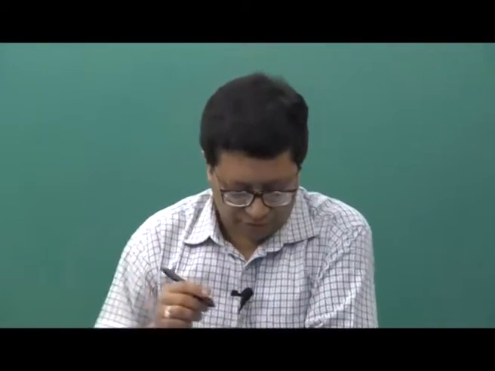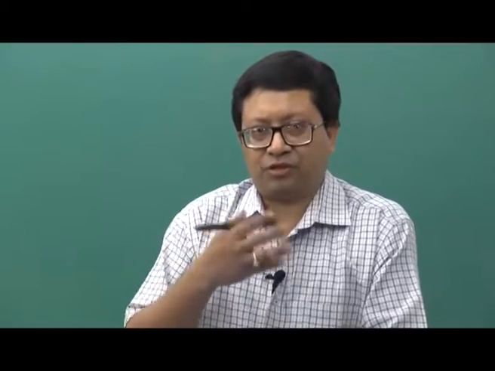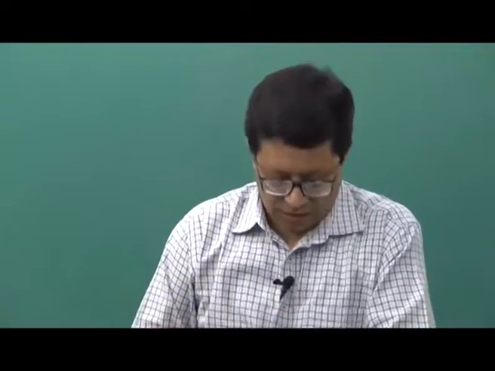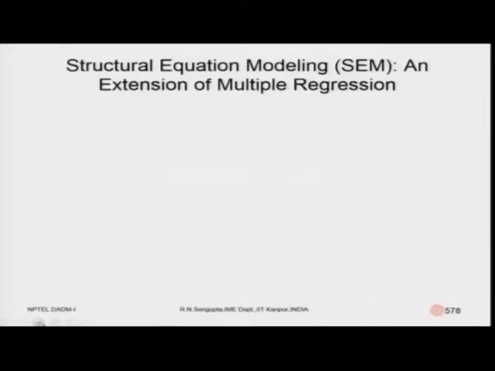So, I will slowly and very simply state it. Let us consider the multiple linear regression first. So, you have y is equal to alpha plus beta 1 x 1 plus ... plus beta k x k plus epsilon.